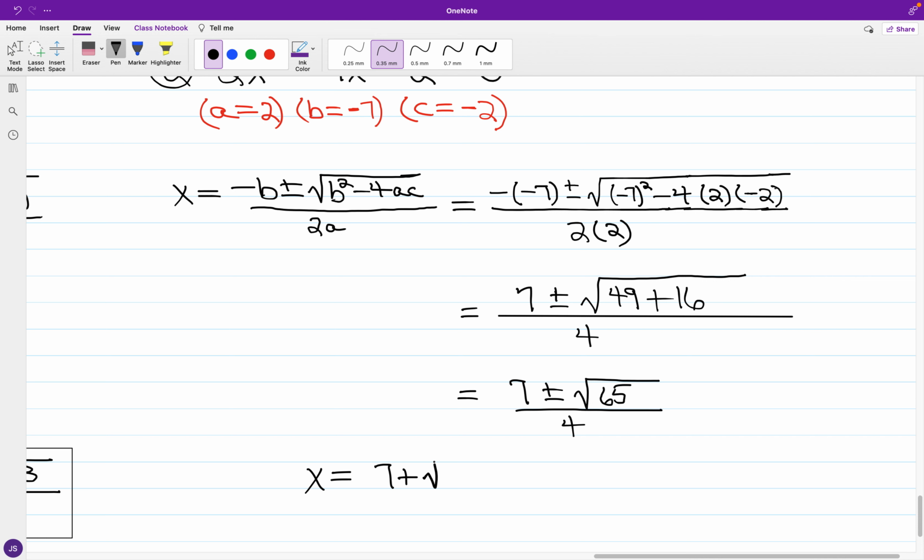And so, itemizing, for x we're going to have on the addition side 7 plus the square root of 65 over 4, and at the lower end, we'll have 7 minus the square root of 65, also over 4.